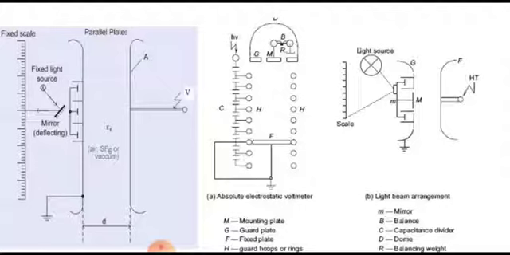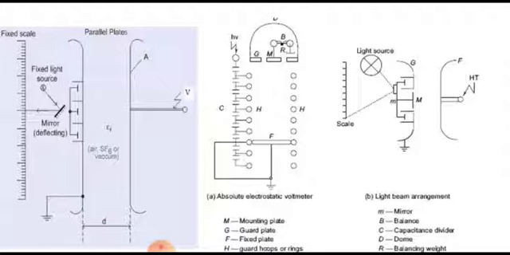The cap D encloses a sensitive balance, indicated by B, one of the arms of which carries the suspension of the moving disc. And the balance beam carries a mirror. That will be shown in your third figure, the light beam arrangement.